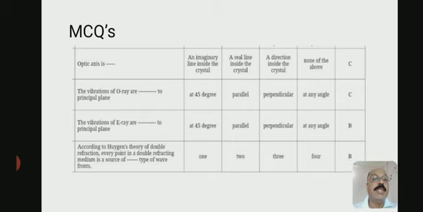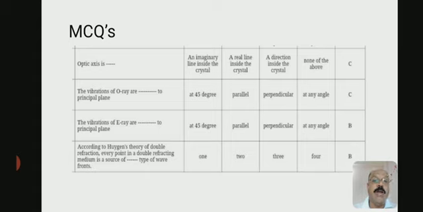The optic axis is a direction inside the crystal. The vibrations of the ordinary ray are perpendicular to the principal plane. The vibrations of the extraordinary ray are parallel to the principal plane.